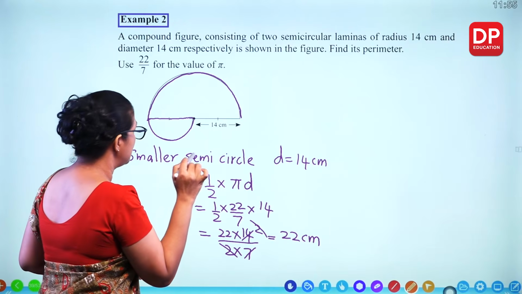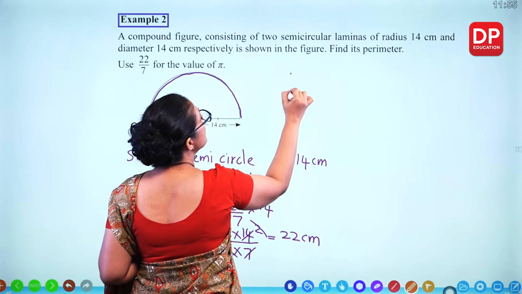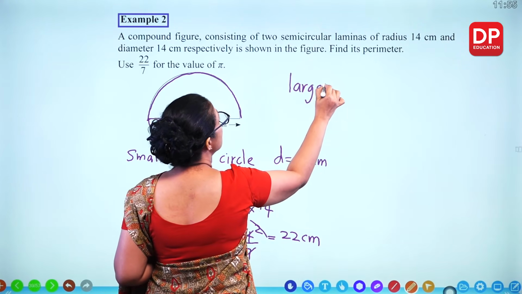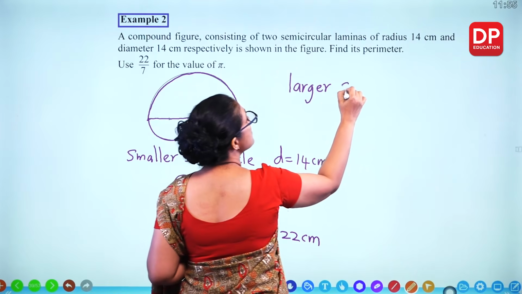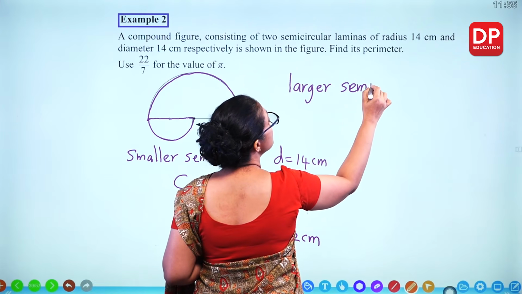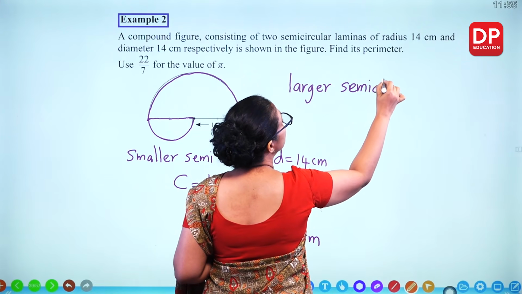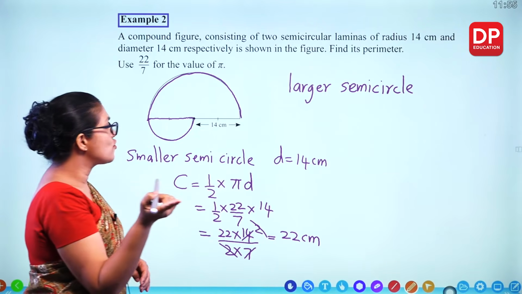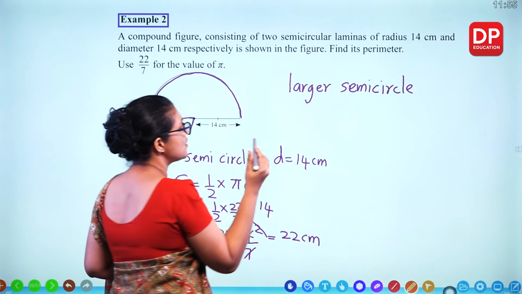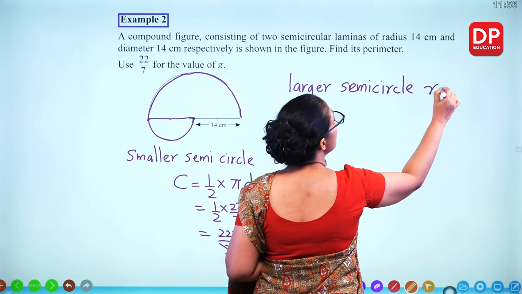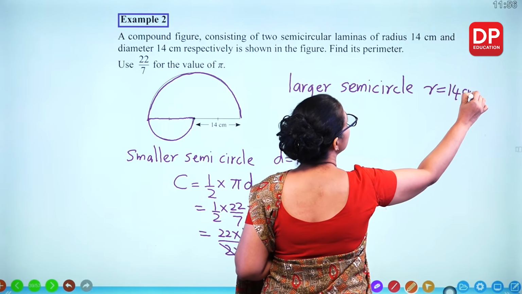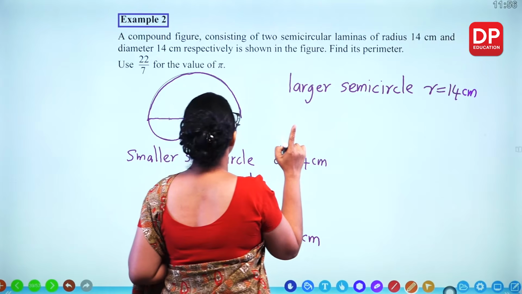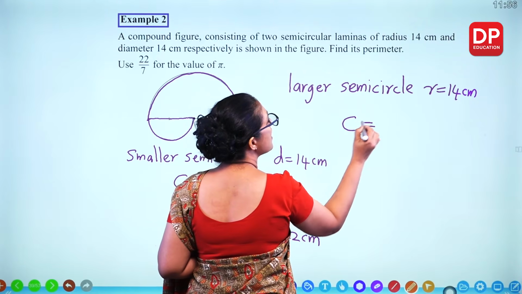What's the larger semicircle? What's the diameter? We know diameter is 28, but radius is given as 14. R is 14 now. So we can find the circumference there.